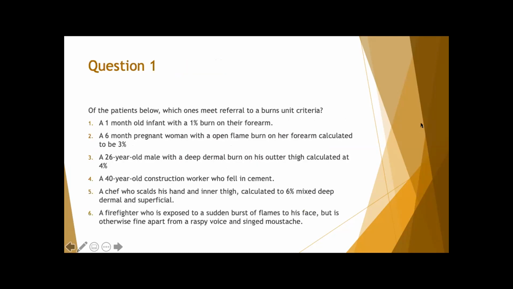So now, just to finish, I've got 3 questions. So of the patients below, which ones meet referral to a burns unit criteria?